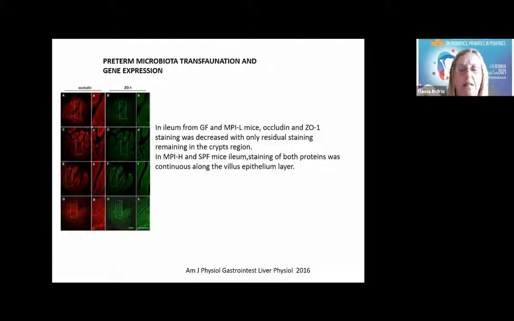So this, again, intestinal staining, an intestinal specimen of the mouse that received the feces of the healthy preterm, so had a much better expression of proteins. And so this means that the intestinal barrier was functioning quickly and in much less time compared to the other.